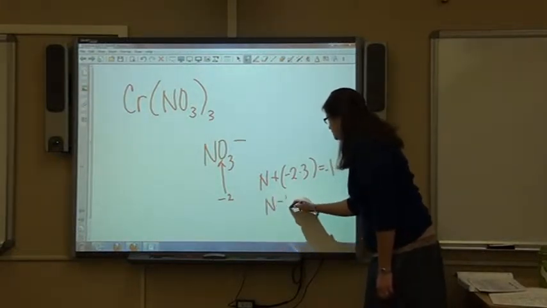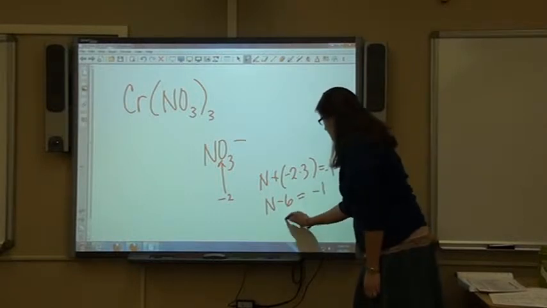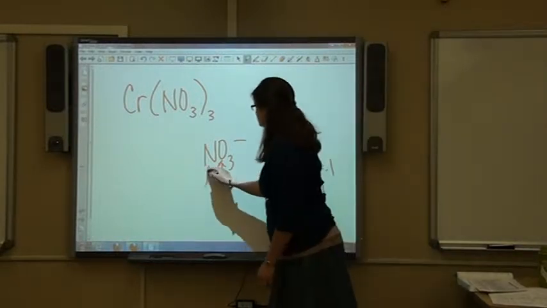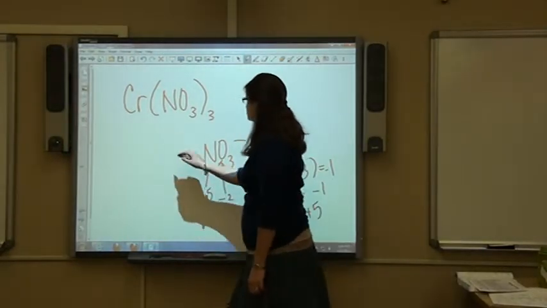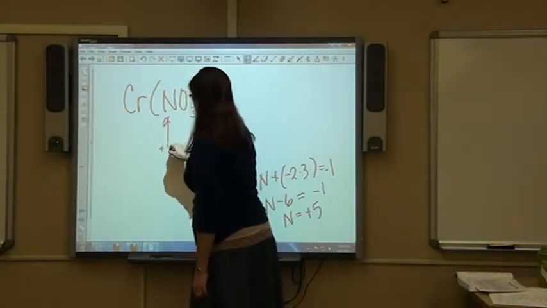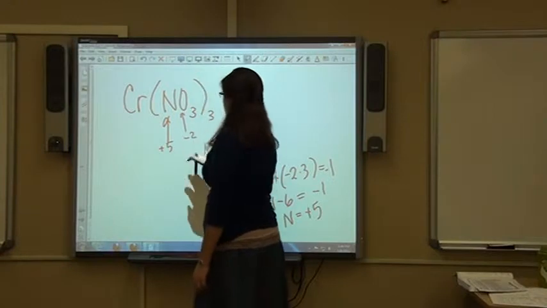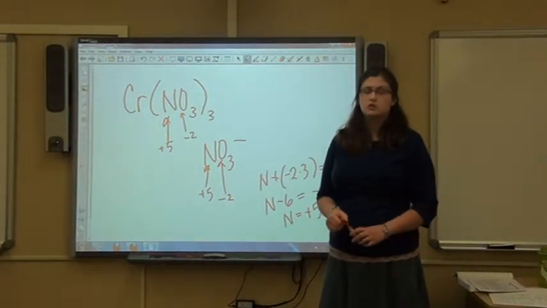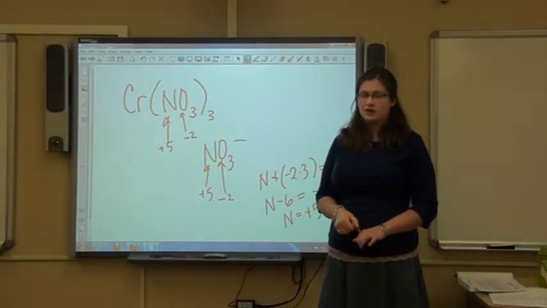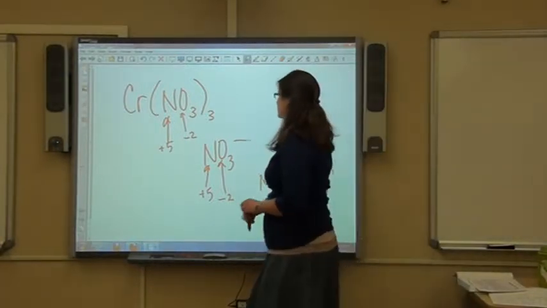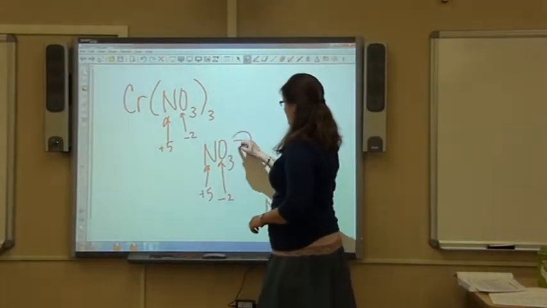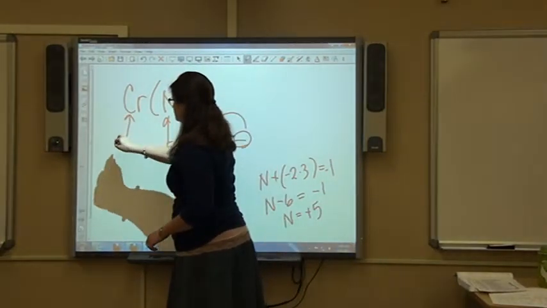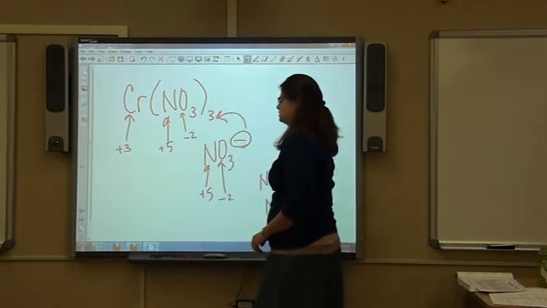So N minus 6, therefore N equals +5. Now you can write these oxidation numbers down on your polyatomic sheet because those will never change as long as you always have NO3. Now, because this is a minus charge and there's 3 of them, this has to have a charge of +3.